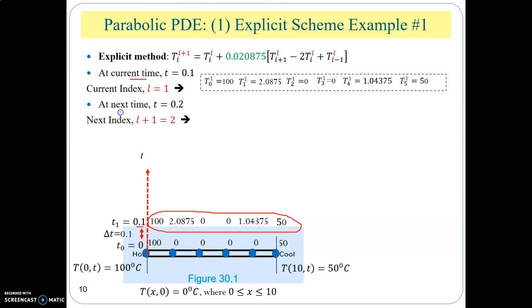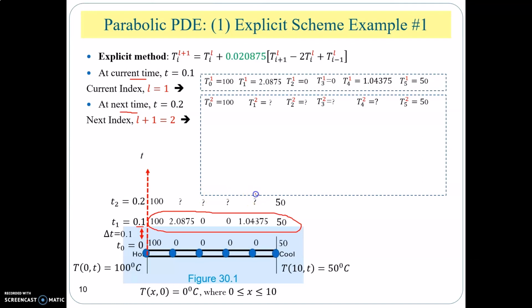And we are going to find the temperature at next time, which is T equal to 0.2. So these are the temperatures we are going to find. So to find the temperature at point 1 here, substitute into the formula, you obtain T12, and when you compare, your I is equal to 1.